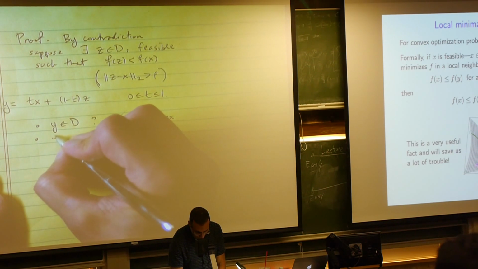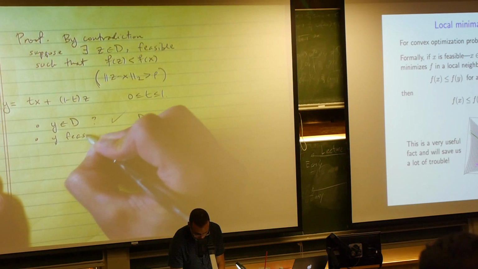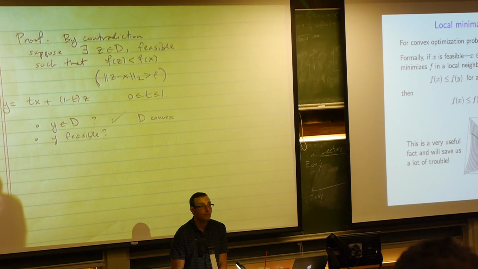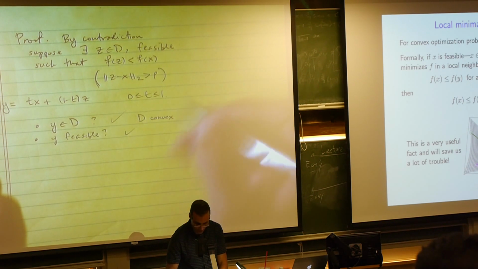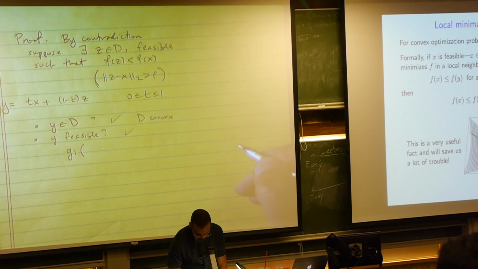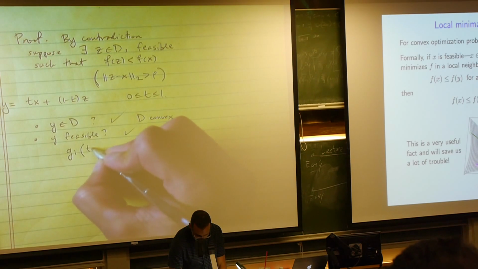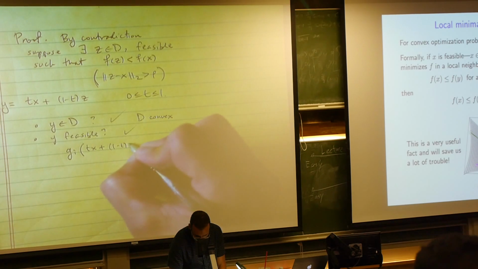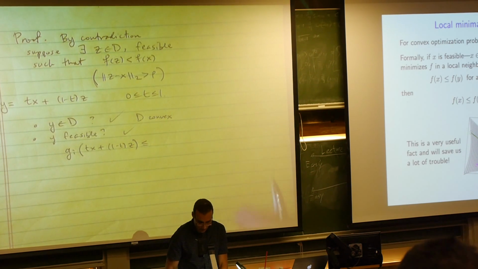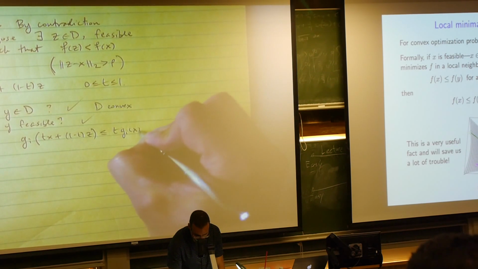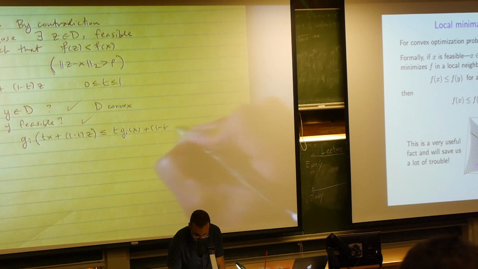How about, is y feasible? What do you guys think? It is actually also feasible. We could check the constraints individually: g_i of y, which is g_i of tx plus 1 minus t times z, because g_i is a convex function, is less than or equal to t times g_i of x plus 1 minus t times g_i of z.